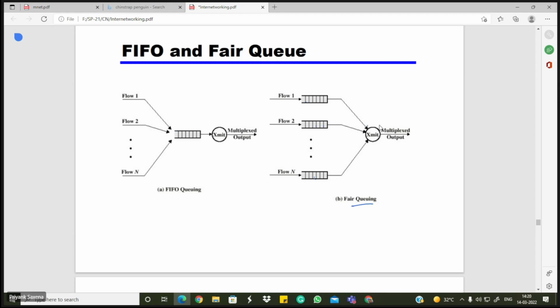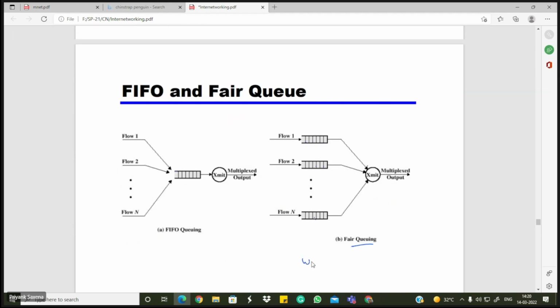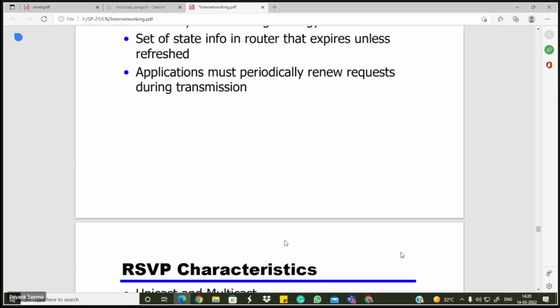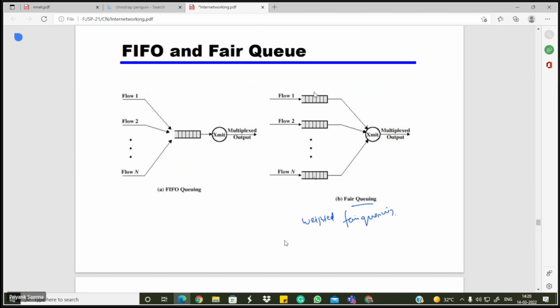So it is further modified to weighted fair queuing. In weighted fair queuing, we assign weights to each flow. Suppose this is a high volume application, so I have given 5, 2, 1. This is the least.